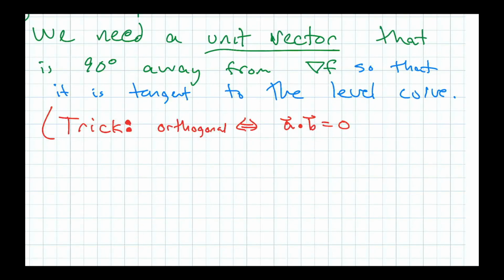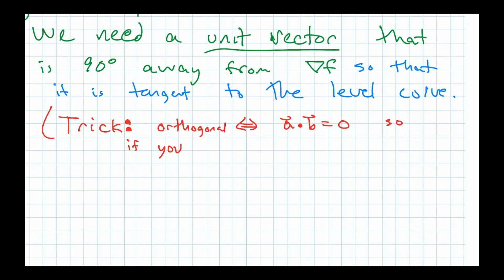So you remember that 90 degrees away means the dot product is going to be zero. And the reason you want to remember that is because if you ever have a vector like this, so if you have any vector, I already used A and B. So what are letters?